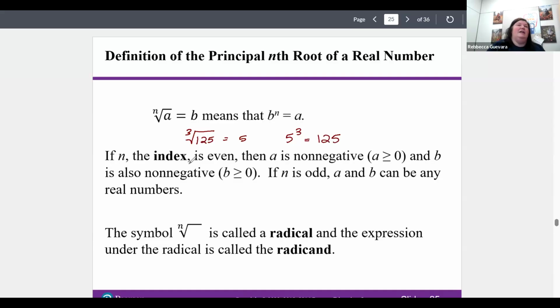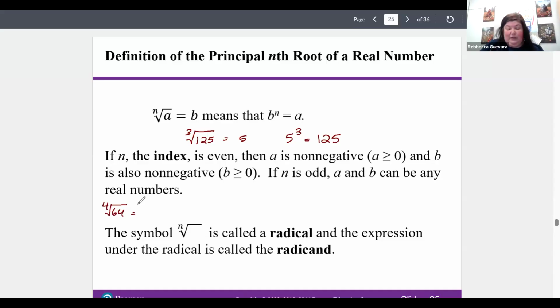So n is an index, and if n, the index, is an even number, then A is a non-negative number, and B is also a non-negative number. If n is odd, A and B can be any real number. So what that means is, let's say I do the fourth root of 64.